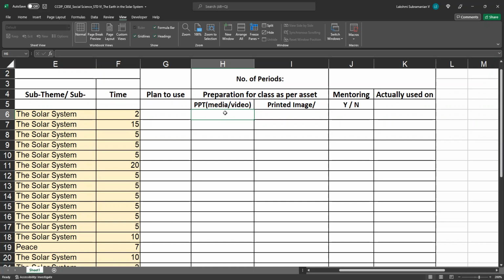If you're going to show a video in the classroom, let's take practically what all we need. First, you may or may not have a projector in the classroom. Assuming you have a projector, to run a video you also need audio. Most of the audio that comes with the projector is not really good.